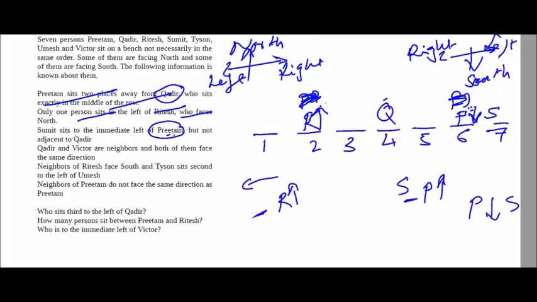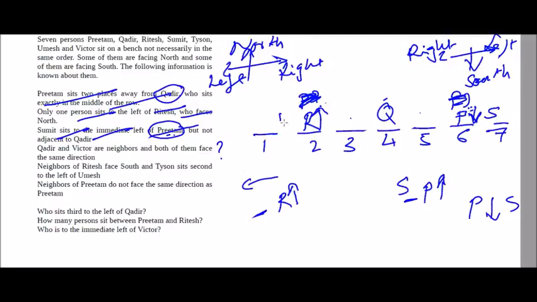Okay, let's proceed. I have used up this. Kadir and Victor are neighbors and both of them face the same direction. Now Victor can come in 3 or 5. I don't know which direction they are facing also. So let's move this to later.